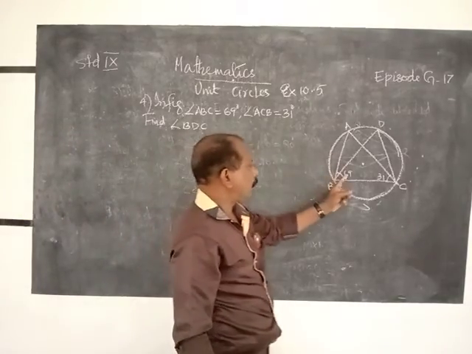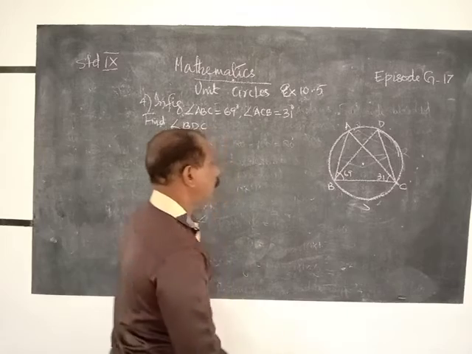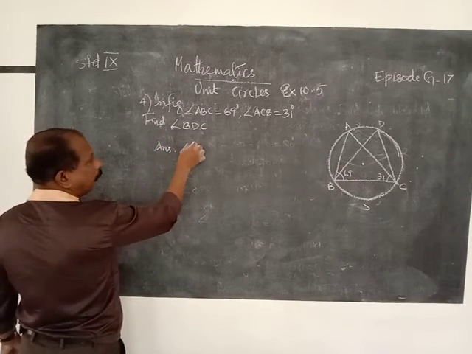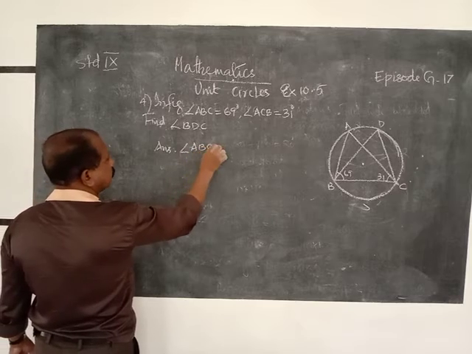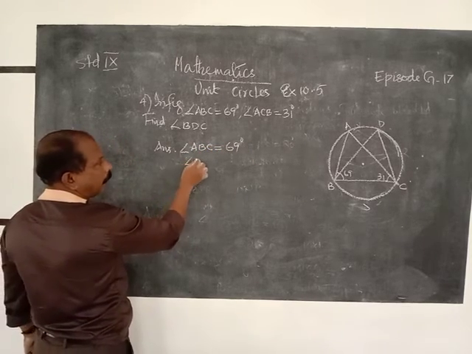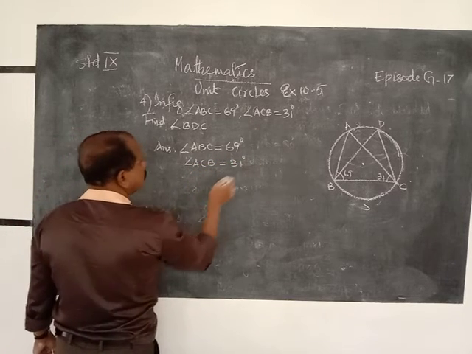This is a triangle. 180 minus the sum of these two angles is equal to that angle. Angle ABC is equal to 69 degrees. Angle ACB is equal to 31 degrees.